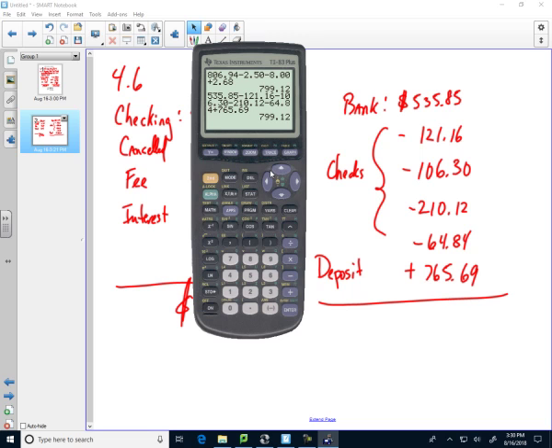I got the same thing on each side. Y'all get the same thing? Yes, sir, 799.12. Good deal. Well, that's the way these work.